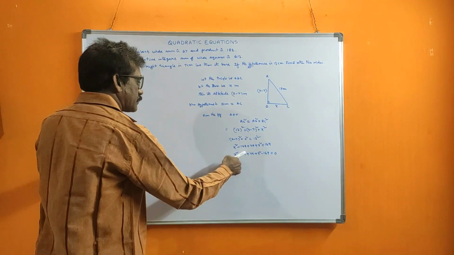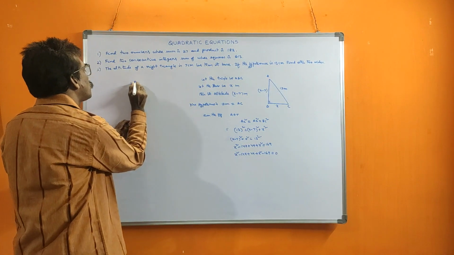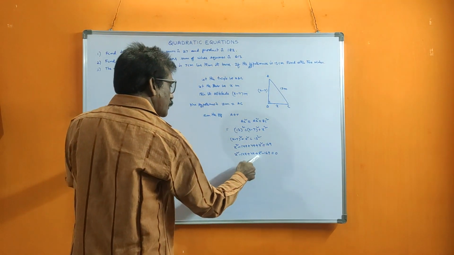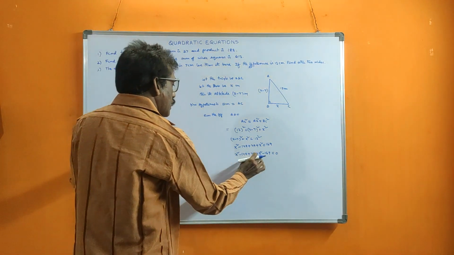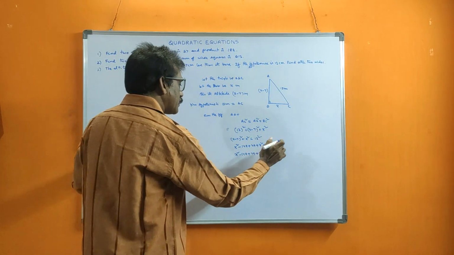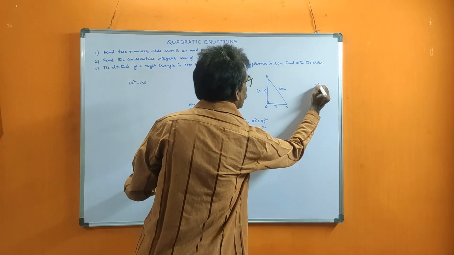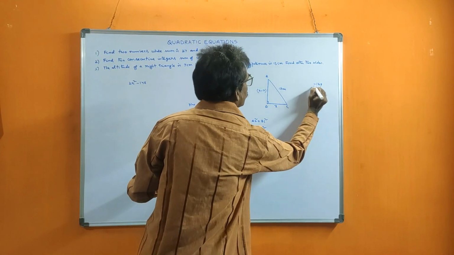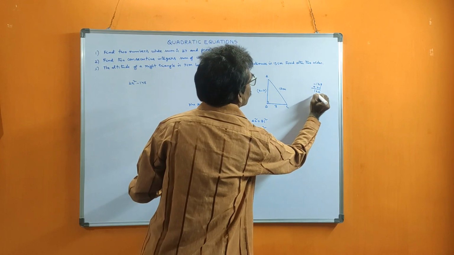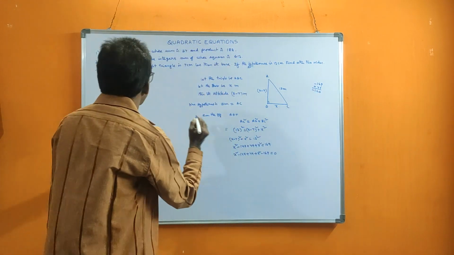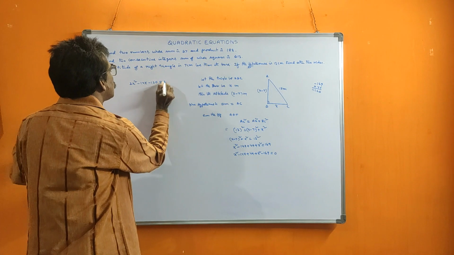Both x squares are plus, so 2x square. The only x term is minus 14x. The numbers: minus 169 and plus 49, so minus 120 is equal to 0.